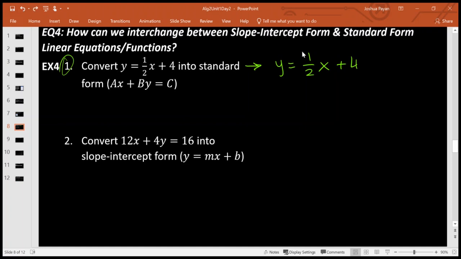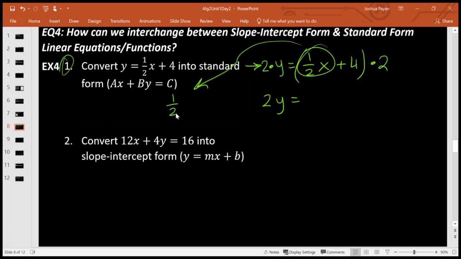Okay, anyway, I'm going to distribute a 2 into this entire equation so that I now have 2y is equal to, and let me illustrate a little bit what it is that's going to happen over here. So I have 1/2 x multiplied by this same 2. Well, that's just 2 over 1, right?